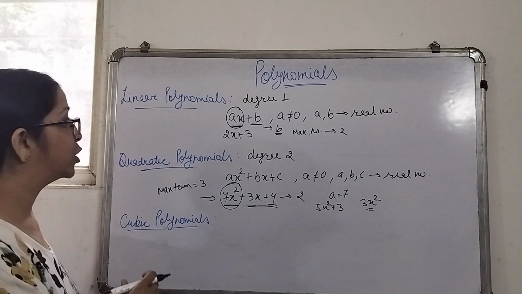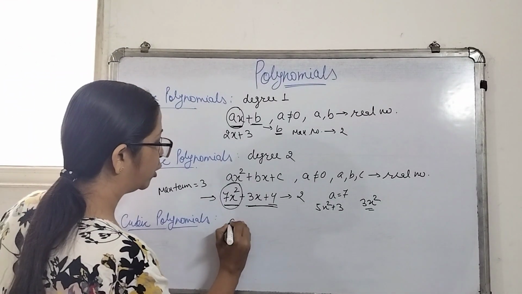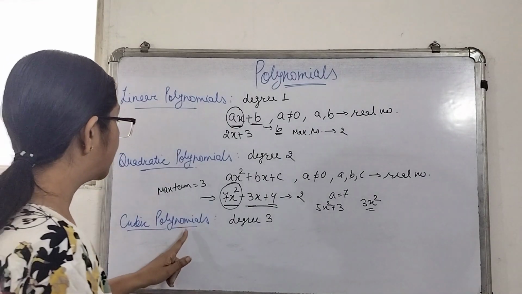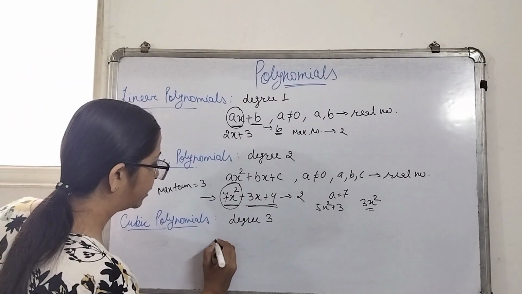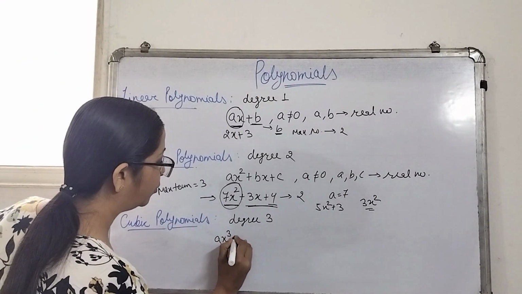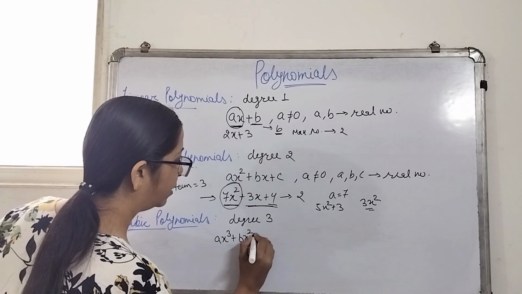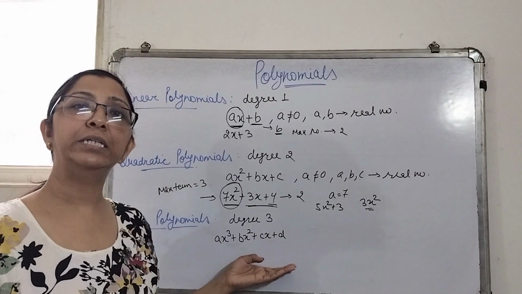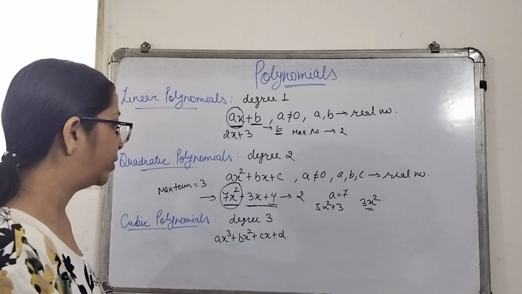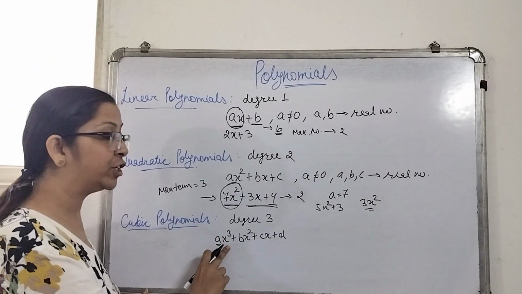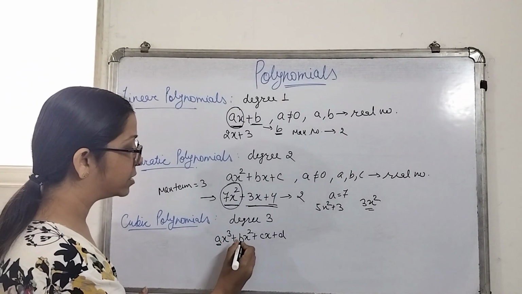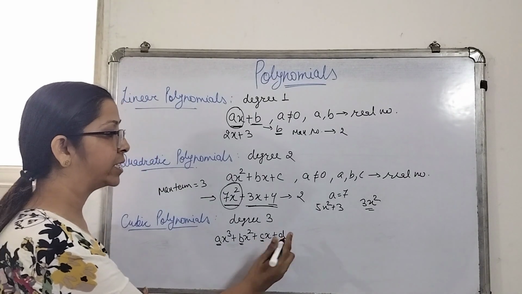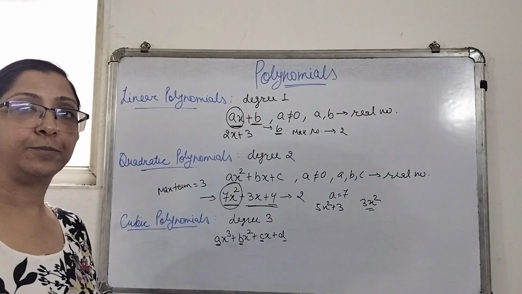Now let's see what a cubic polynomial is. Cubic polynomials are the polynomials whose degree is 3. So if the degree is 3, its standard form will be ax cube plus bx square plus cx plus d. Over here, a is the coefficient of x cube, b is the coefficient of x square, c is the coefficient of x, and d is the constant term.